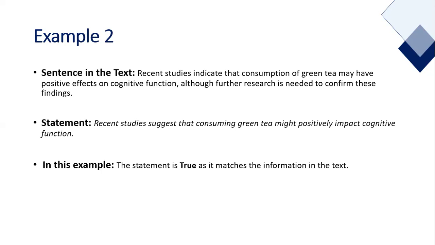This statement is true for multiple reasons. For example, we can directly see a match, recent studies, and we can see a set of synonyms also. Indicate is equal to suggest, positively impact is positive effect, both of them are synonyms, and cognitive function matches cognitive function. So it is true because we have matching of the words and matching of the synonyms.